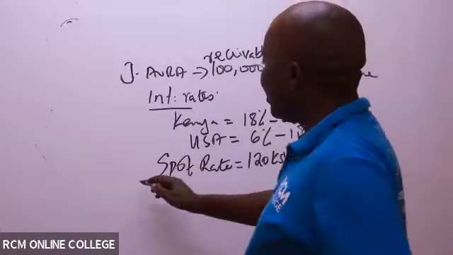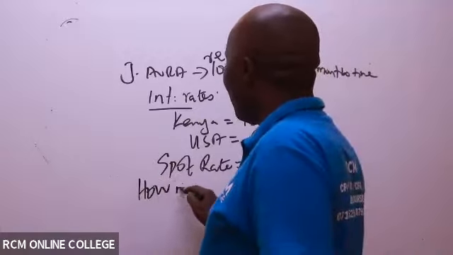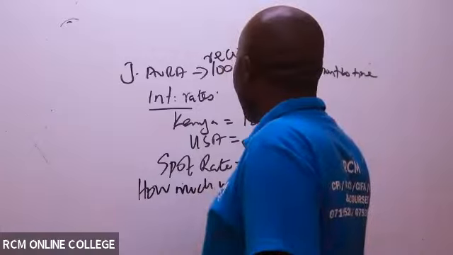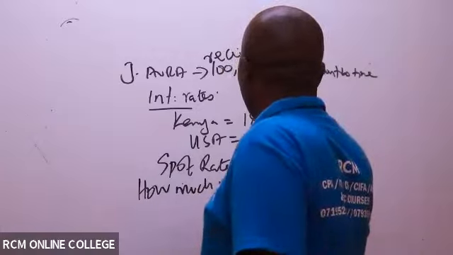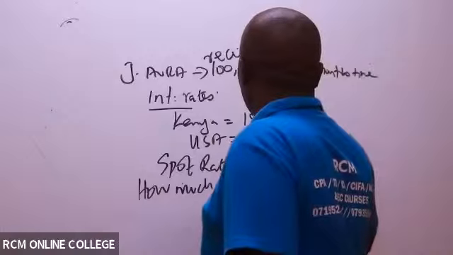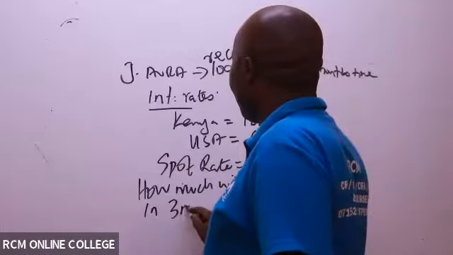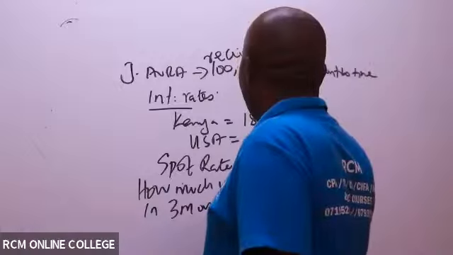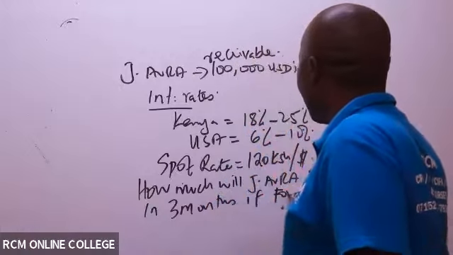So then how much will CIFE receive in 3 months' time if forward contract hedge is used?